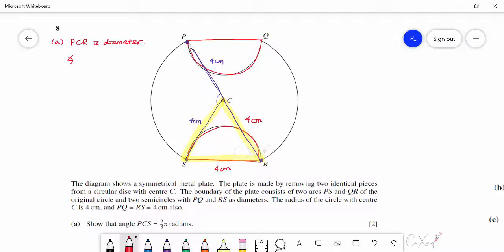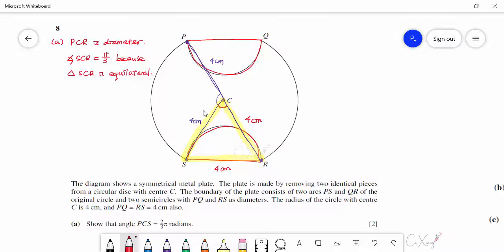Therefore, the angle SCR is equal to 60 degrees, which is pi over 3, because the triangle SCR is equilateral. All three angles should be the same, 180 divided by 3, and you get 60 degrees for one angle in the triangle.